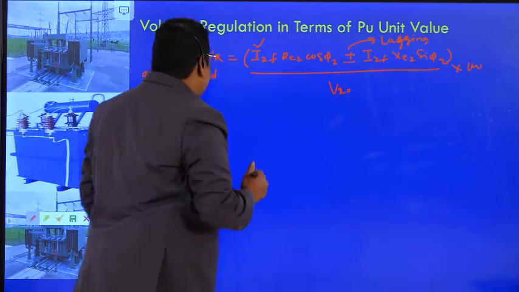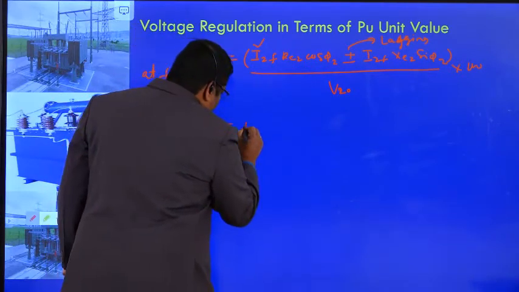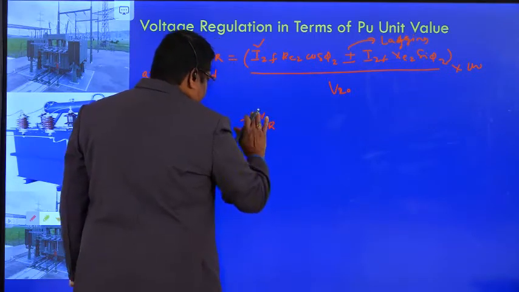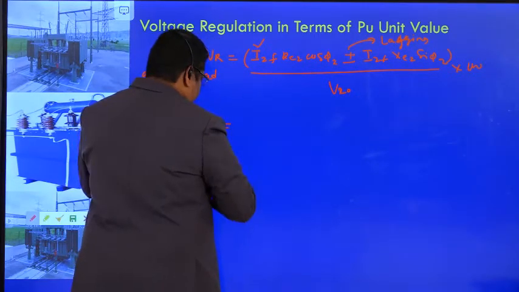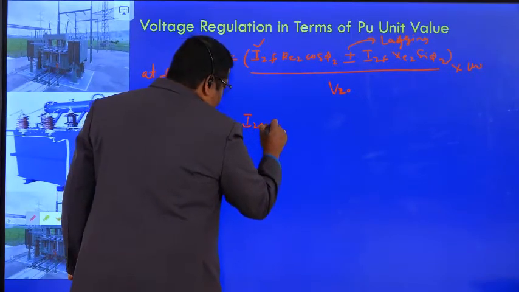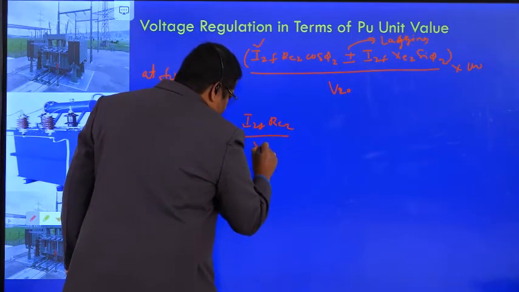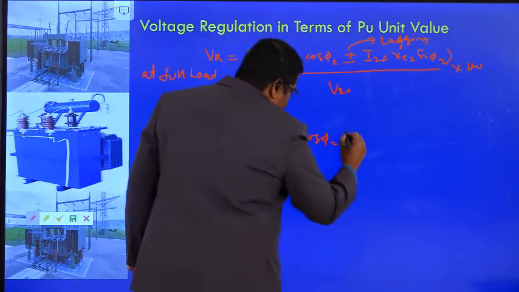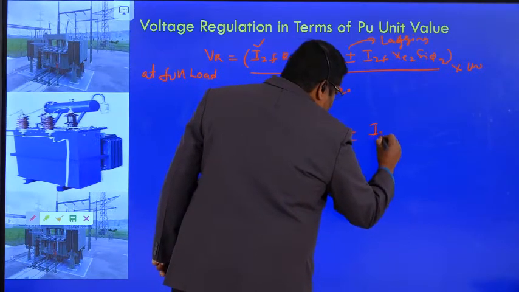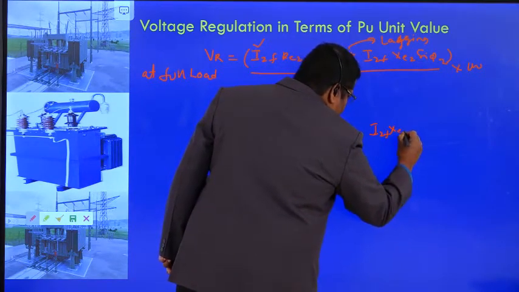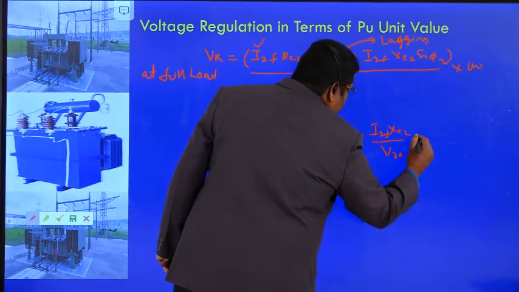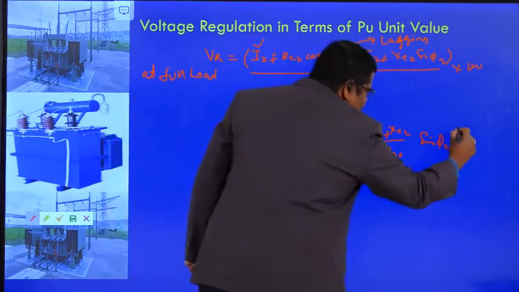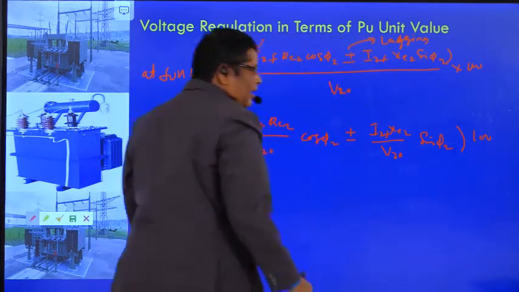If we separate this: I2F Re2 divided by V20, cos phi2, plus or minus I2F Xe2 divided by V20, sin phi2, whole multiplied by 100.